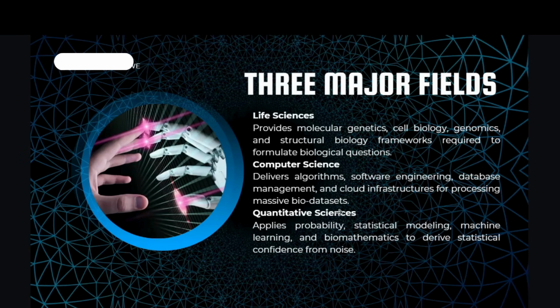Then we take the help of another field, quantitative sciences. It applies probability, statistical modeling, machine learning, and biomathematics to derive statistical confidence from noise. So, while learning bioinformatics or computational biology, we require a combination of all these four sciences.